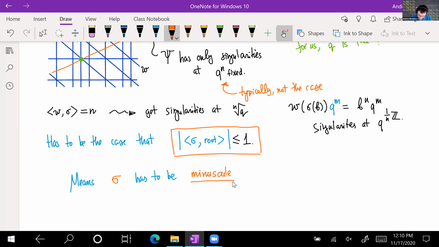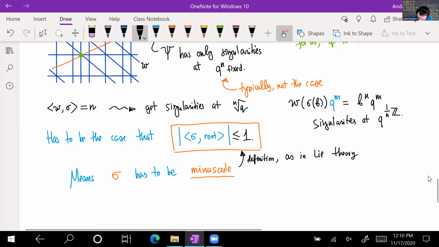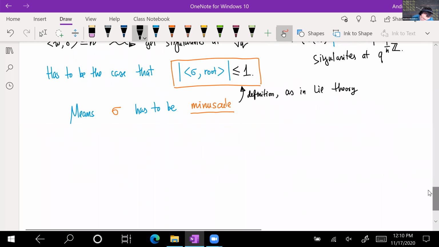Okay. This is the definition. This is Lie theory. Actually, it's easier for us to establish an equivalent property of minuscule characters.